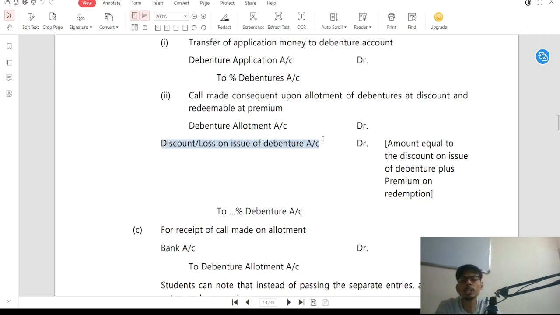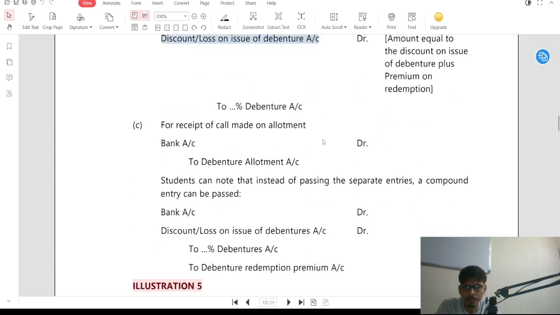These two need to be adjusted at the very first time. So the entry will be debenture allotment account debit, discount or loss on issue of debenture account debit, to debenture.